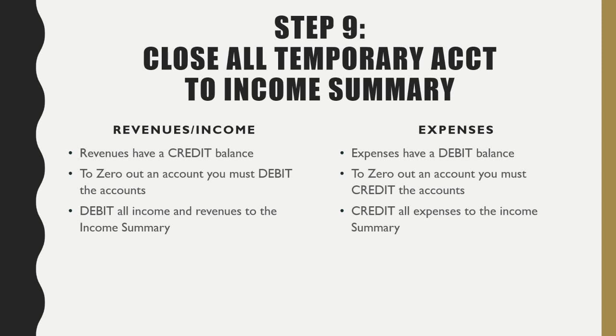A perfect example of a permanent account is your checking account. If you close your checking account, it is automatically assumed that you're no longer doing business and that you're shutting down your account. So you should never, ever close out your permanent accounts.